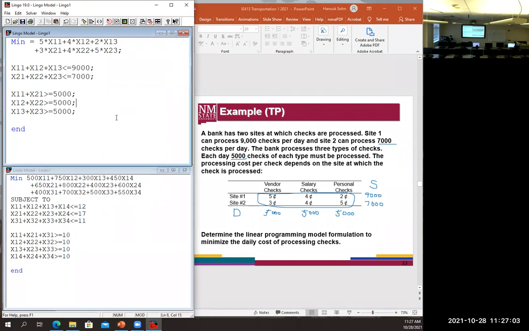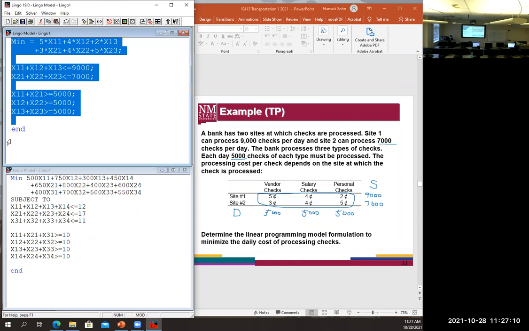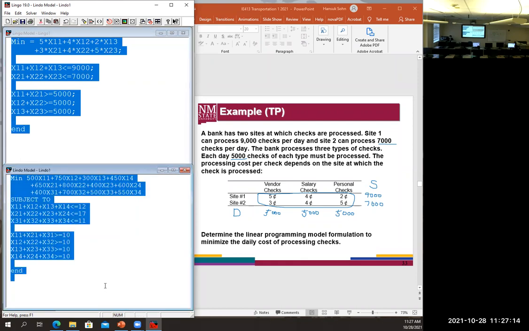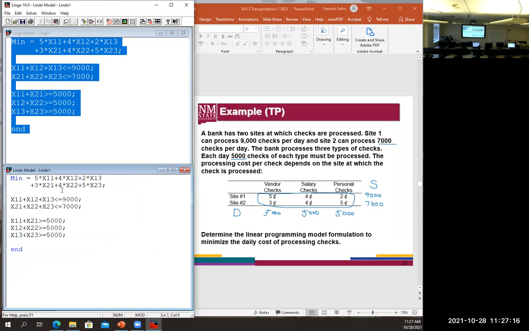Let me do this one more time with Lindo. We'll copy everything, paste. Just remove the asterisk symbol. Remove the semicolon. Constraint.